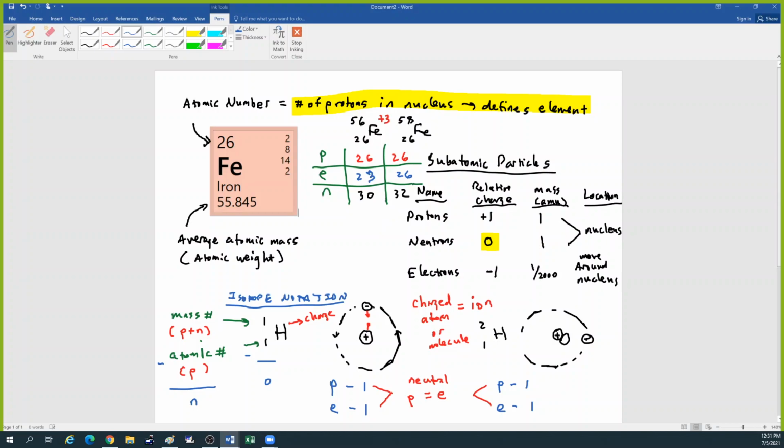So here's one of the tricks about ions. Atoms can gain or lose electrons. See, that's the key to all of chemistry right there.